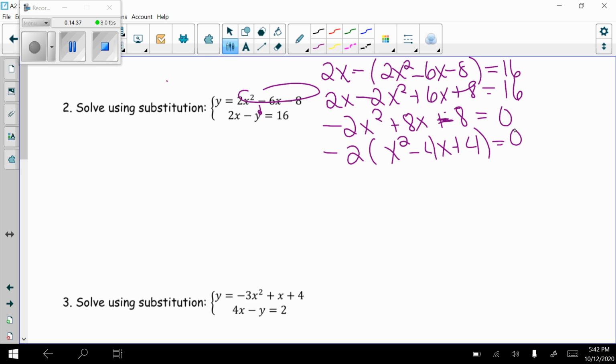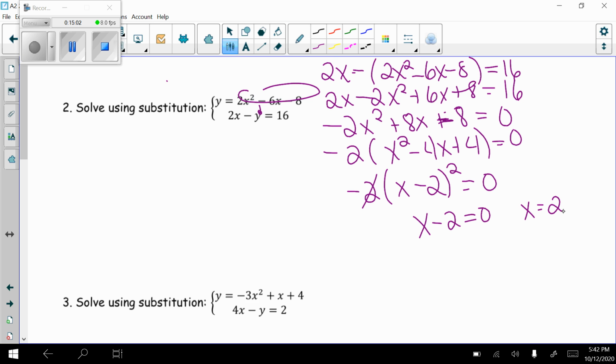Notice now x squared minus 4x plus 4, I recognize that as a perfect square trinomial, so that's going to factor one set of parentheses quantity squared, x minus 2. When I'm solving this, remember this -2 doesn't have any bearing on it, so I take x minus 2 equals 0, I get x equals 2. So I'm going to have one answer here.